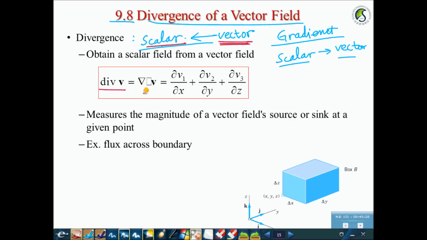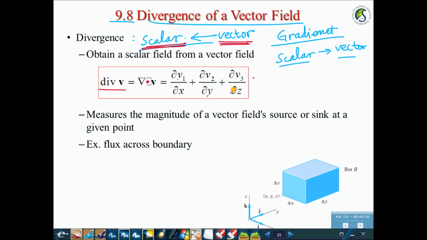This is del, again, the del operator, okay? Dot product with V, because it should be a scalar, we need to have a dot product to get a scalar. Each component of vector V, you differentiate with each coordinate and you add them up.